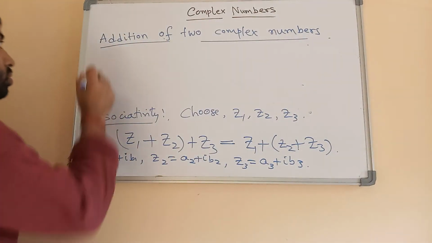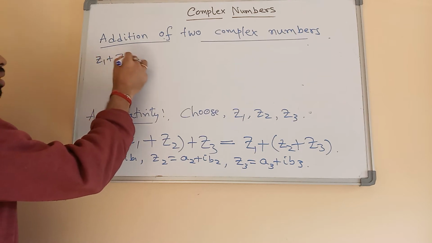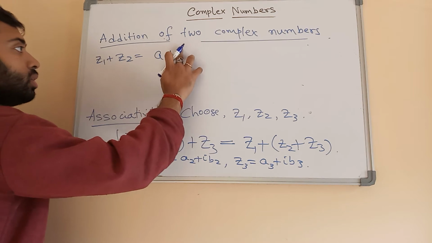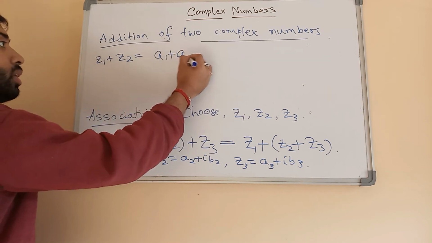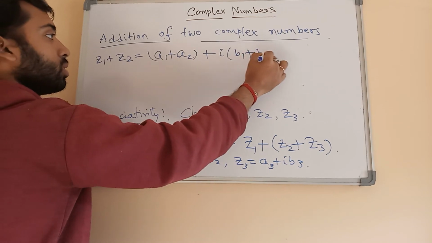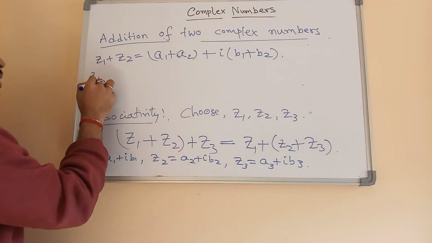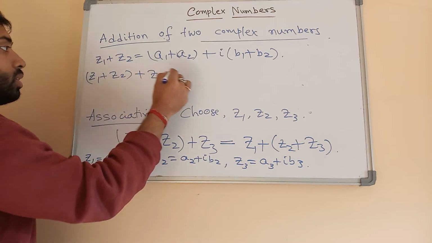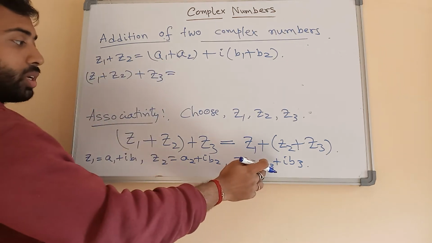Adding Z1 and Z2, we know that this will be the addition of real parts plus i times the addition of imaginary parts. Then take the addition with Z3. Z3 has the real part A3.